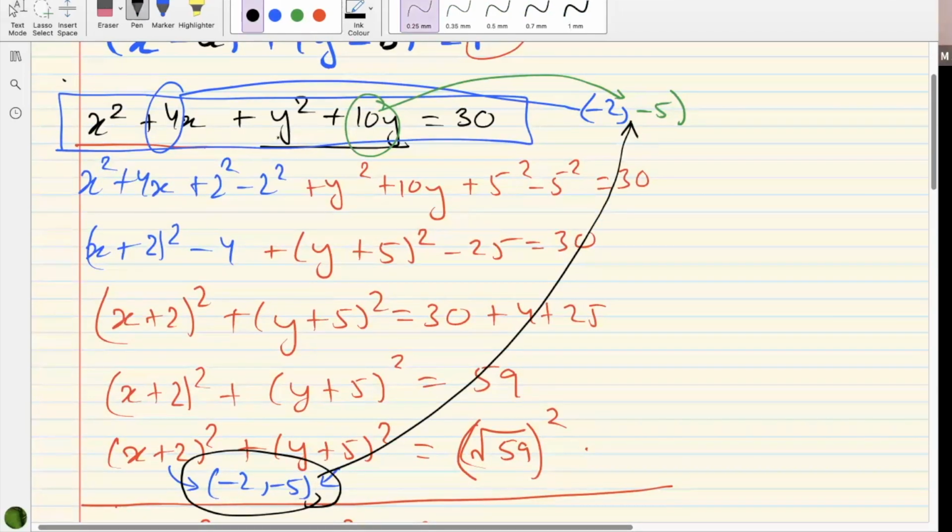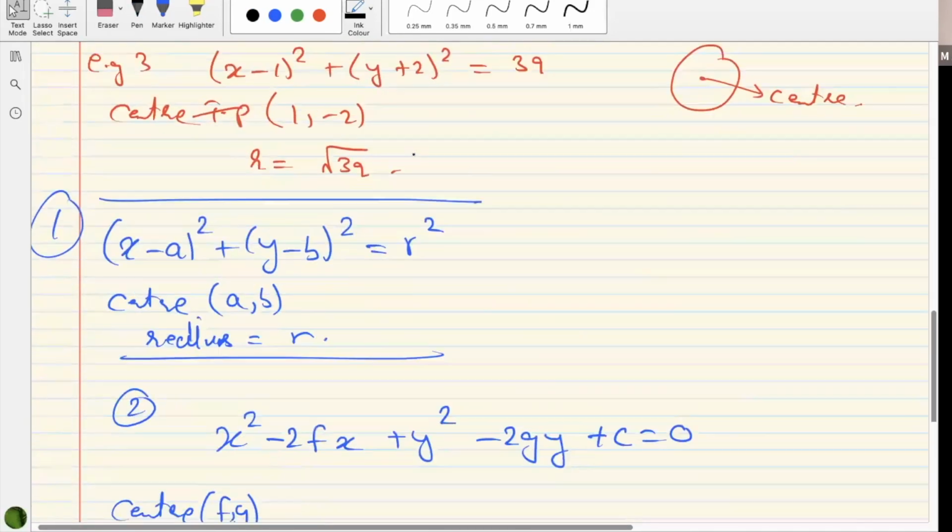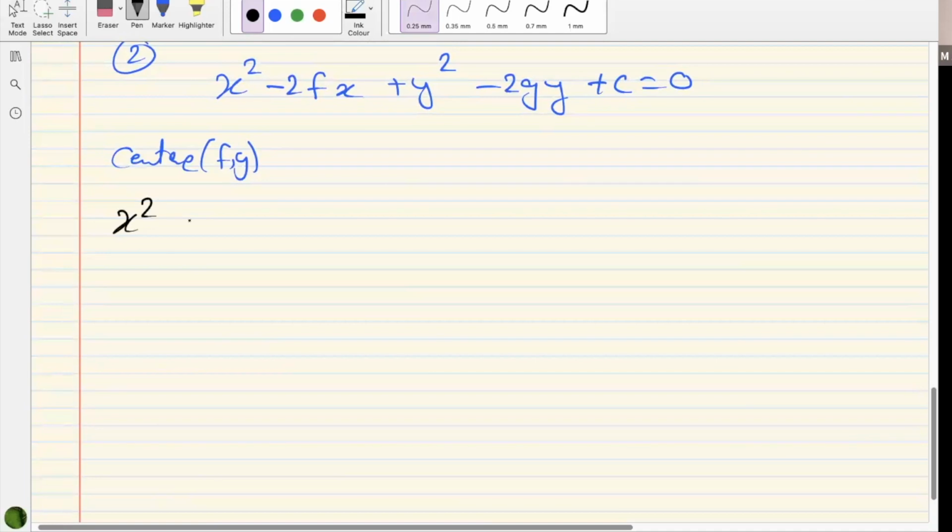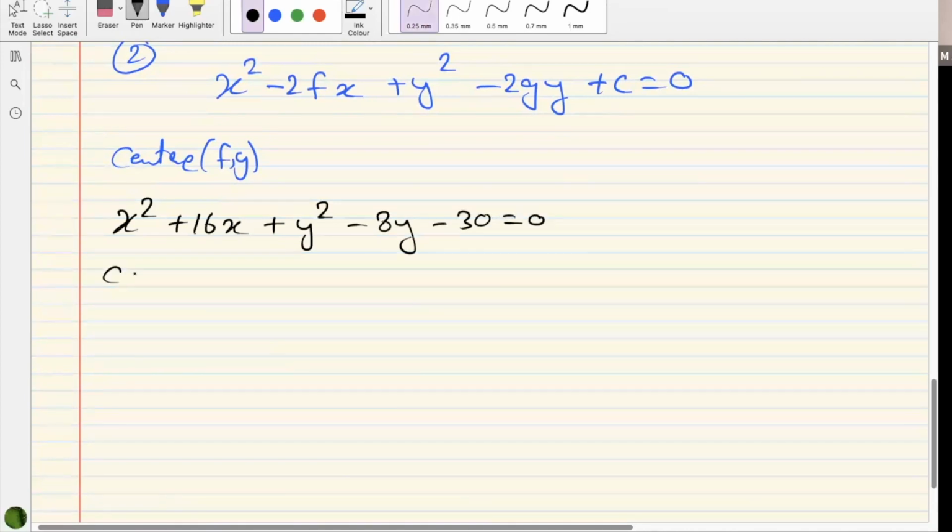So we don't actually have to go through this completing square form every time. This is the coefficient of x, half and sign change. So if you have an equation like x square plus 16x plus y square minus 8y minus 30 is equal to 0, the center would be: coefficient of x, that is 16, half and sign change, minus 8.